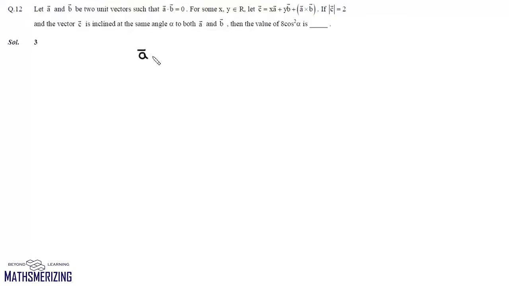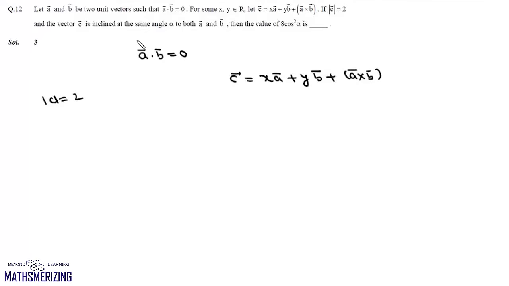Now here the question is, let A and B be 2 unit vectors such that A dot B is 0. That means they are perpendicular, and for some x, y belonging to R, let C equal XA plus YB plus A cross B, and it is also given that mod of C equals 2.